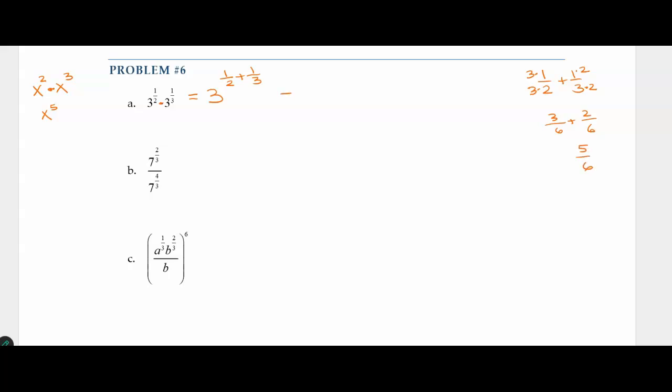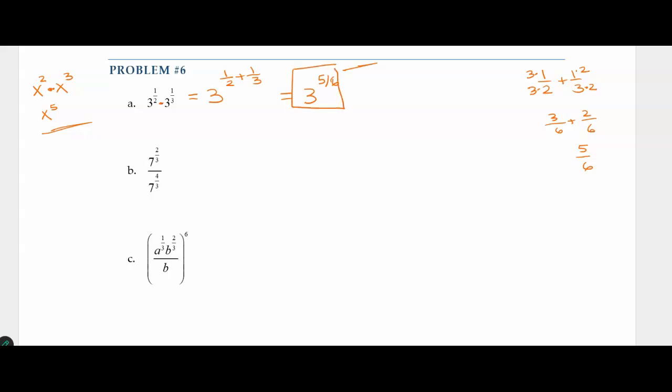So that's what I'd end up with here, 3 to the 5/6 power. It's the same idea we were talking about over here. But here we didn't have to deal with fractions and find a common denominator, so that's the one thing that's different on these.